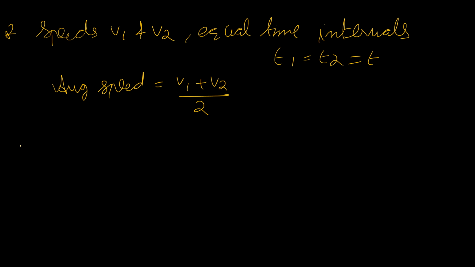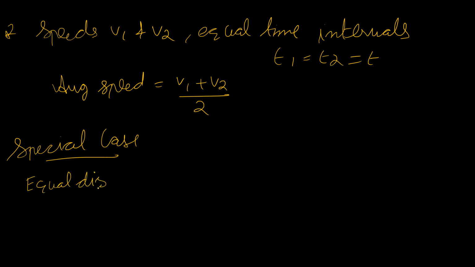A rare special condition. You can note it down. When a body travels equal distance with speeds v1 and v2, the average speed is the harmonic mean of two speeds.